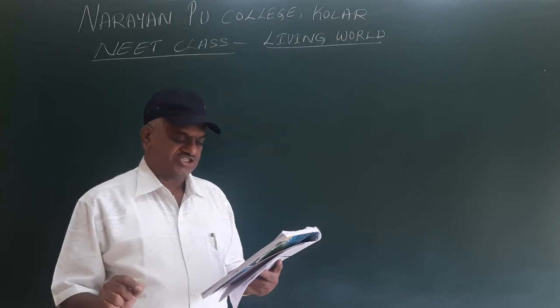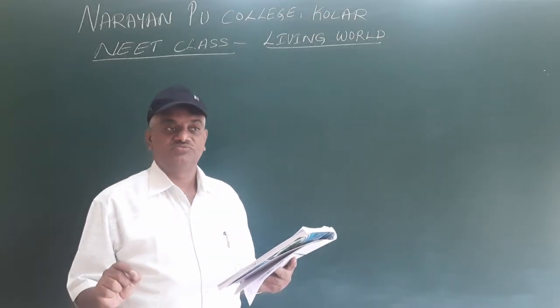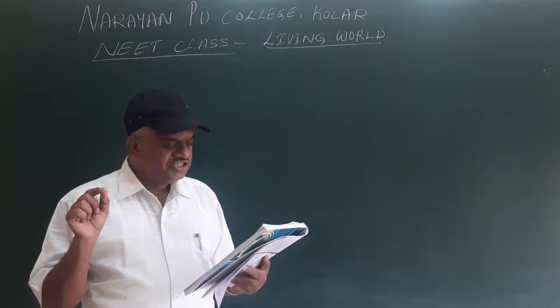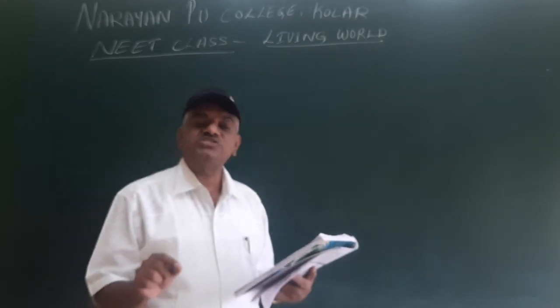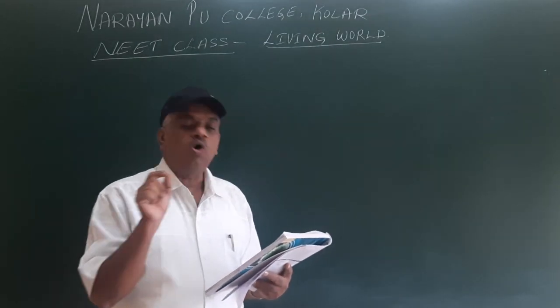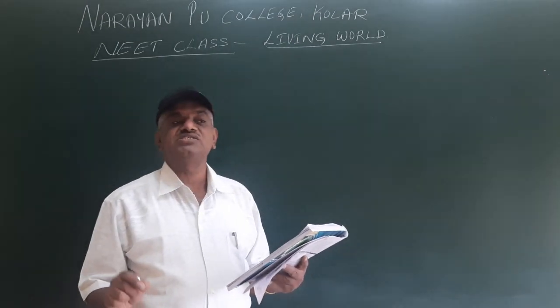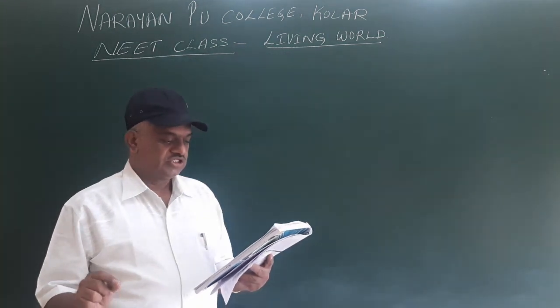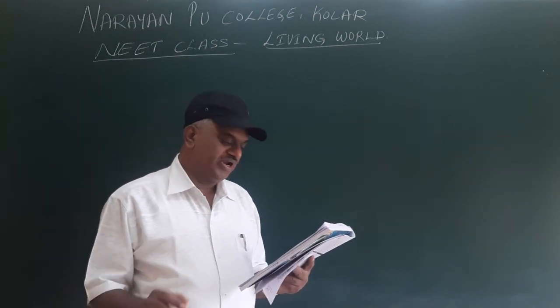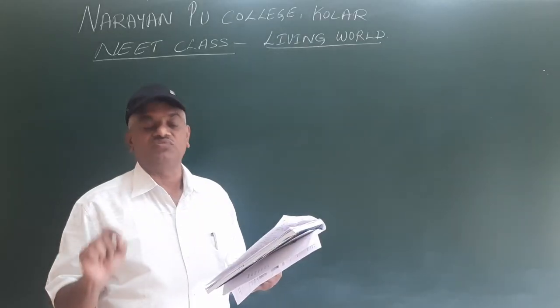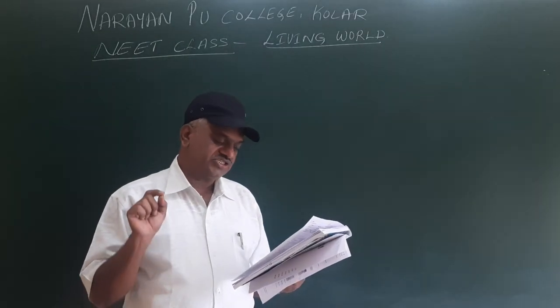Next, class is mammalia. Next, genus. Genus is Homo. Family is Hominidae. So all this rightly matches with the fourth option.